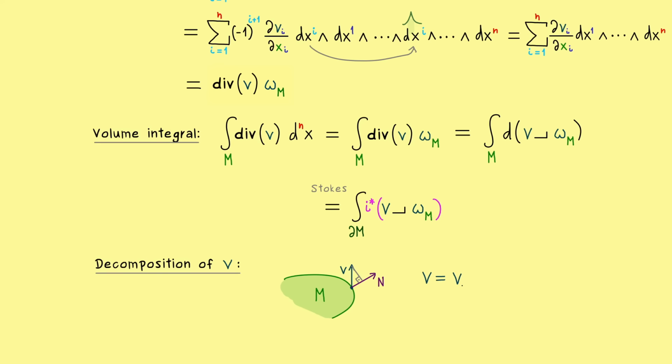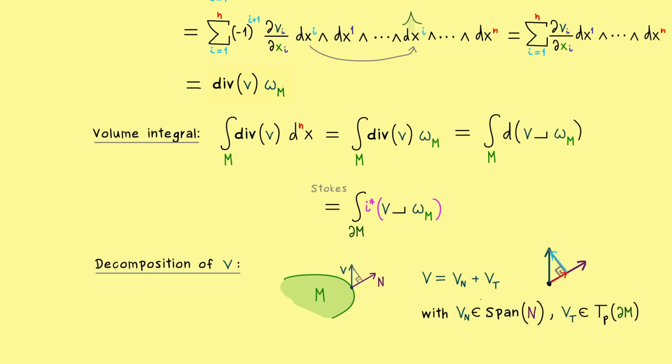So let's say we have V with index n and V with index t, where Vn lies in the one-dimensional subspace given by n, and on the other hand Vt is a tangent vector at the boundary. Now this splitting is important because, as we will see, only the part that goes into the direction of the normal vector is important for the whole integration.